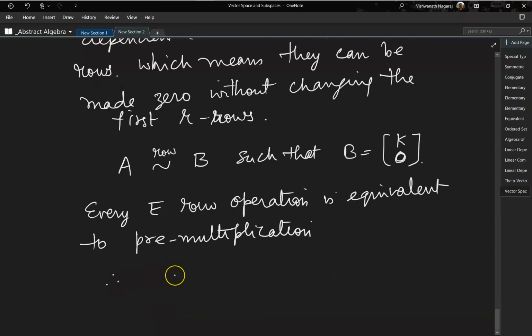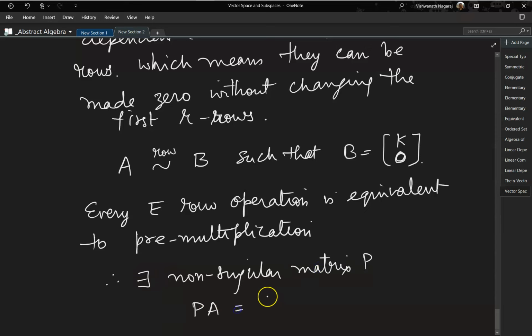So there must be a non-singular matrix P such that PA is equal to [K; 0], where P is a whole set of elementary operations carried out in sequence.